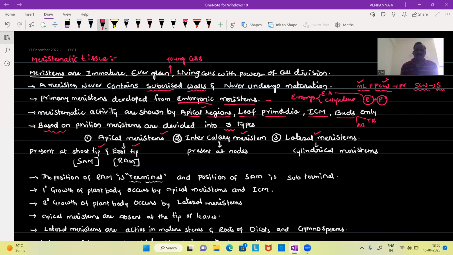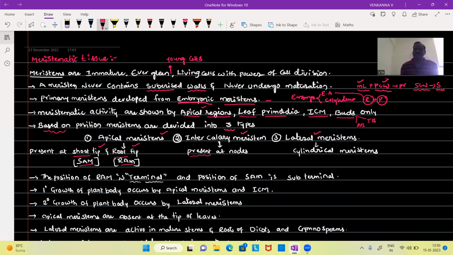The meristematic tissue present at the shoot tip is called shoot apical meristem. The root tip is called root apical meristem. Simply they are called SAM and RAM.